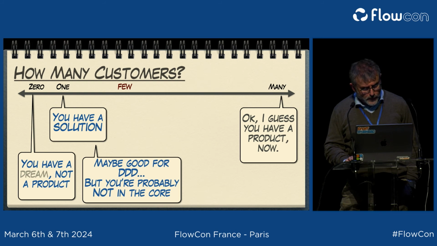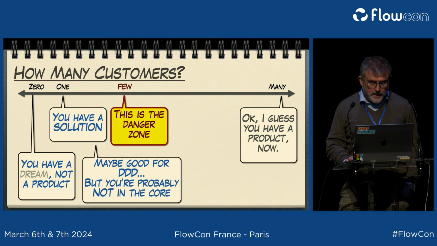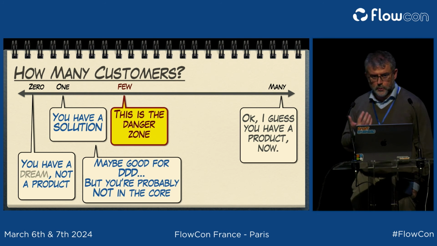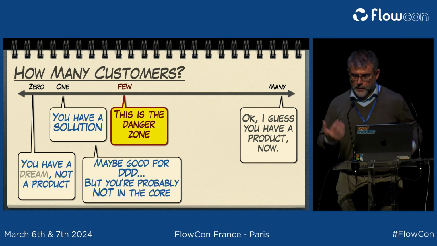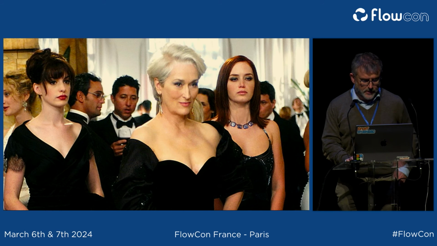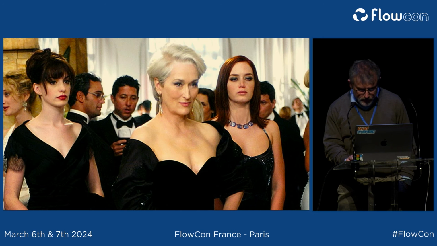If you have few customers, especially if you are in the B2B space, then you are in trouble. This is probably the most horrible space in Productland, when you have 4 or 5 customers, and especially when you have one which is clearly dominating. This is what we call the Miranda anti-pattern, if you remember The Devil Wears Prada.